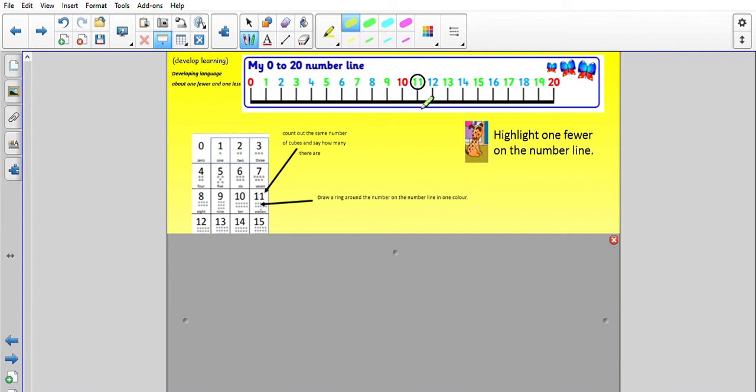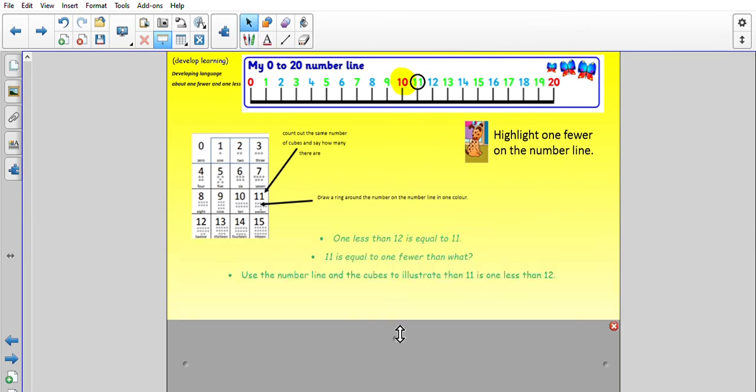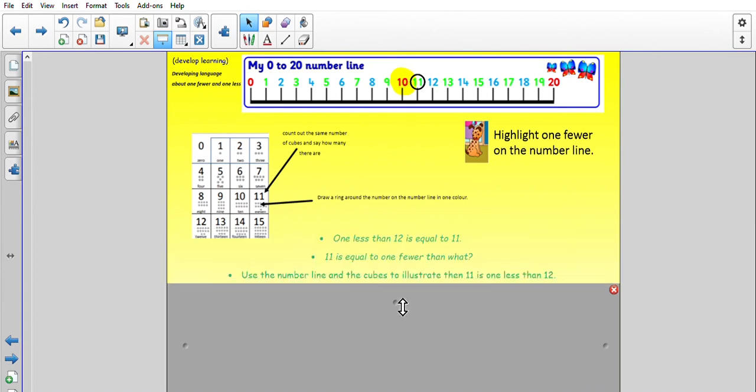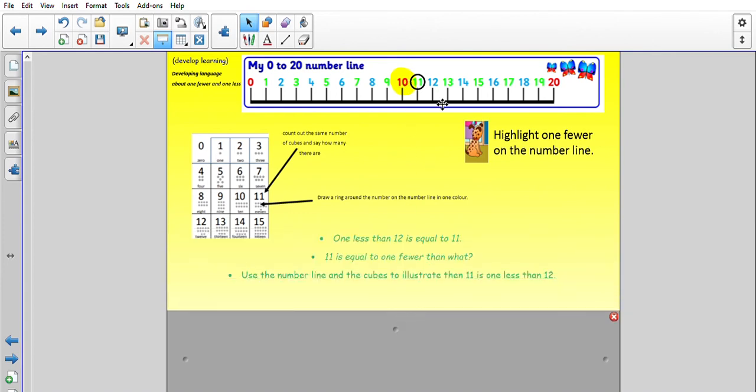So let's get our highlighter, and 10 is 1 less than 11. So we can say, 1 less than 11 is 10. Well done. Should we use our number sentence? 10 is equal to 1 fewer than 11.